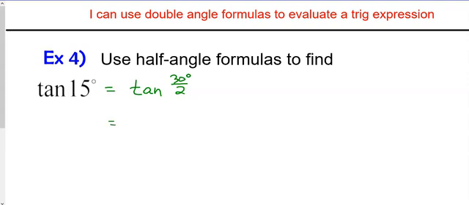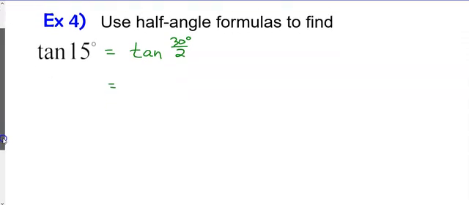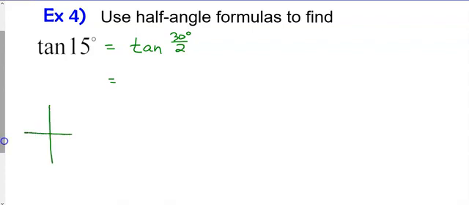Okay, at that point, we will sketch a picture to decide if we should be positive or negative. 15 degrees, again, that's a small angle. You're going to be in quadrant 1. Everything is positive in quadrant 1, so tan is positive. I think we'll get to a negative 1 eventually here.